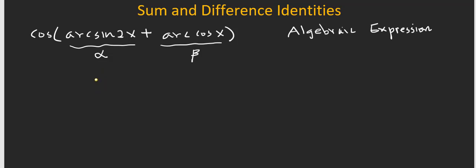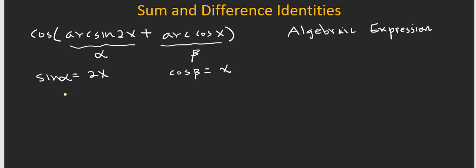They all represent some angle. So, for example, for arcsine 2x, that means sine of alpha is 2x. For arccosine x, that means cosine of some angle, let's call it beta. Cosine of beta is x.